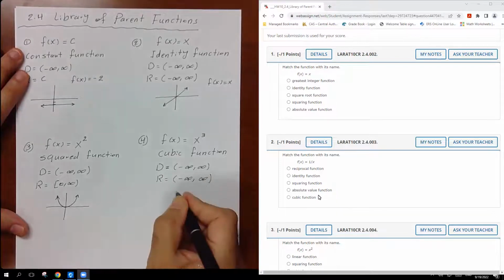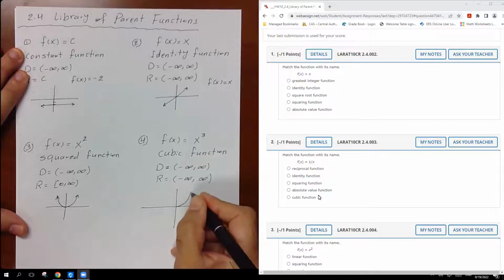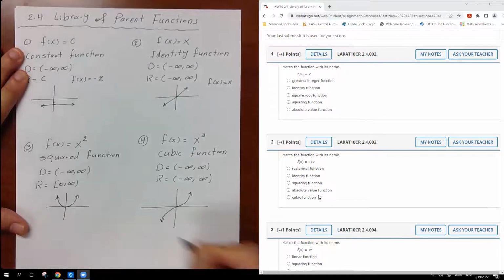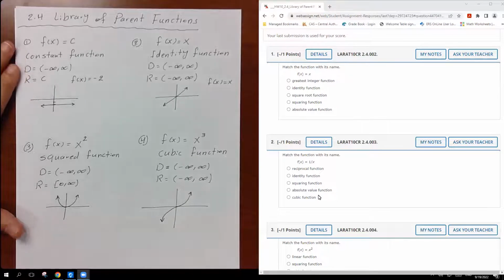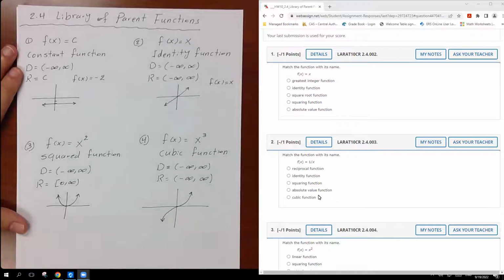The graph for this function always is going to be this side is up, like this, the same thing here, but this side goes down. So here is the first four functions. You have to know the graph of each function and the domain and the range.